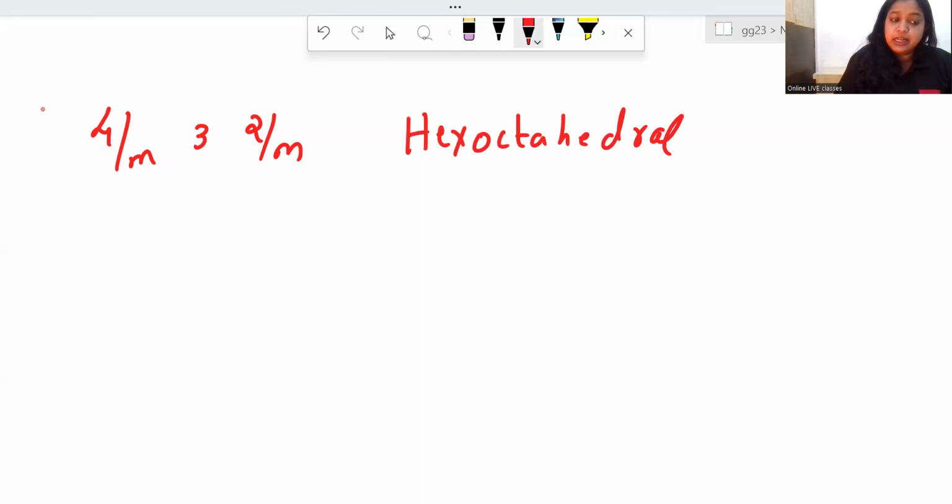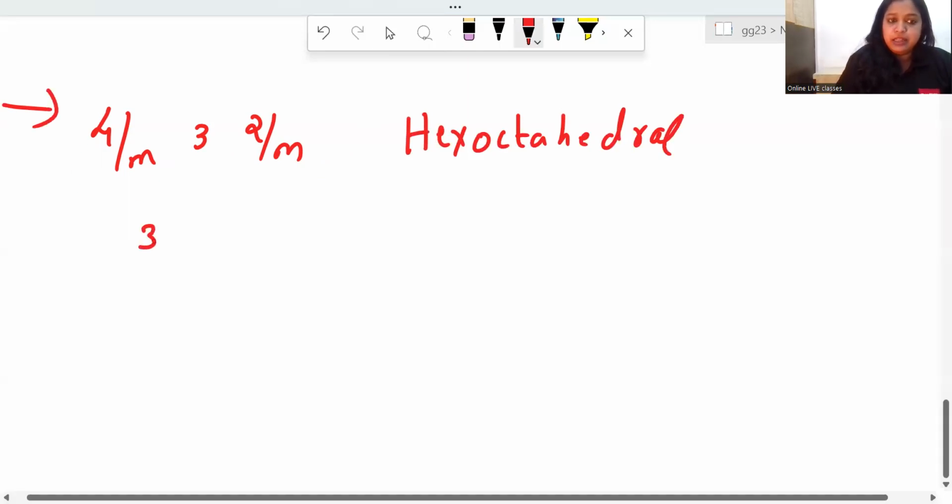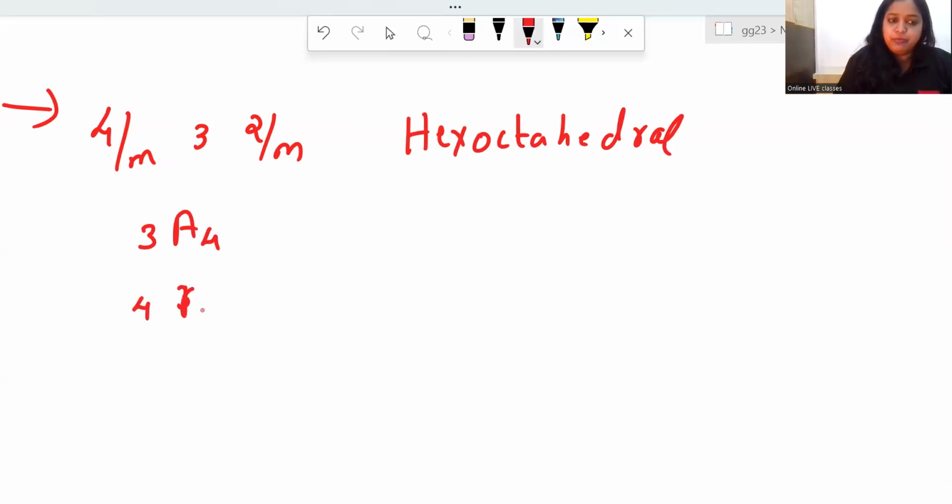In hexoctahedral there are three fourfold axes of symmetry, four threefold axes, and six twofold axes, and there are nine mirror planes perpendicular to the axes of symmetry.